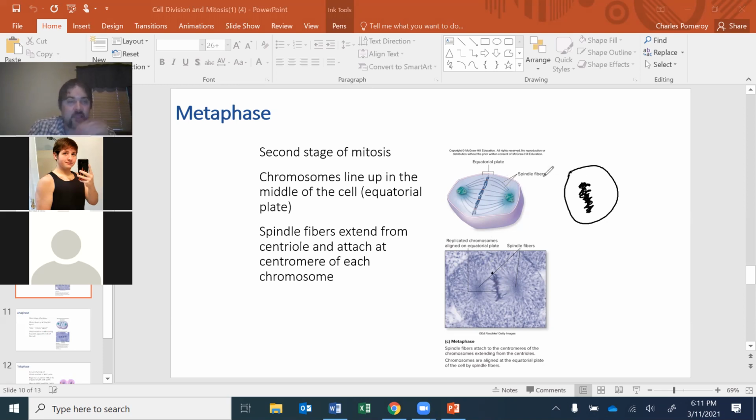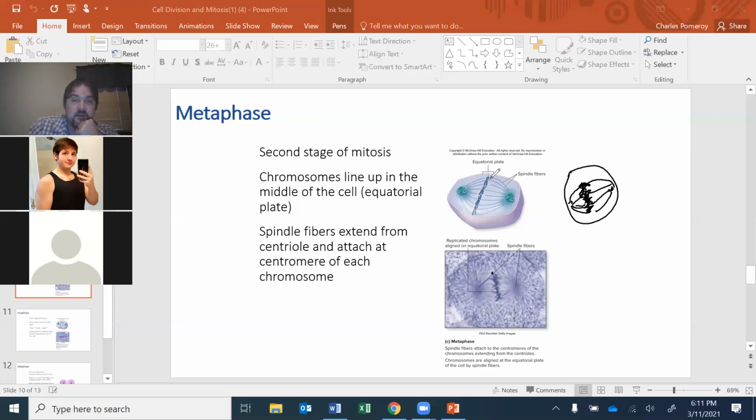Meta in this case means between, middle. So they line up in the middle. You've got your centrioles there, the spindle fibers grow out, and they attach to the chromosomes, and that's metaphase.